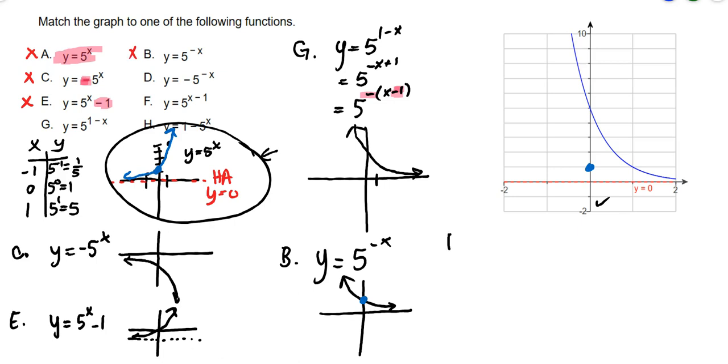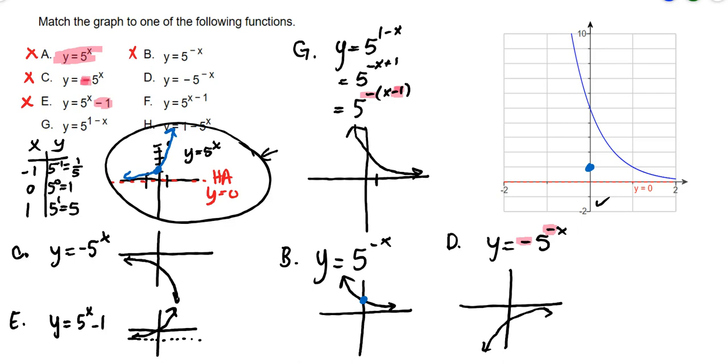And then for D, that's y equals -5 to the negative x. So this negative will reflect vertically, and this negative will reflect horizontally. So that would give us a picture like this, if we reflect both vertically and horizontally.